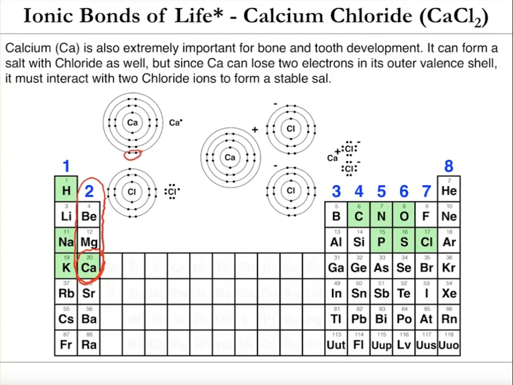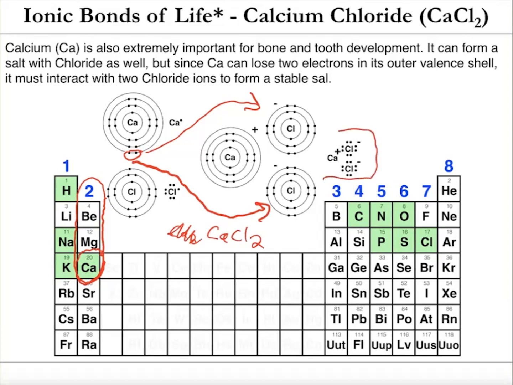So it'll actually donate one of those electrons to one chloride and then another of those electrons to another chloride. So calcium chloride salts are always going to be CaCl2. So this would be the depiction right here. So calcium's going to carry a 2 positive charge, and then that is going to interact with these 2 chloride ions. They're called ions when they're positively or negatively charged.